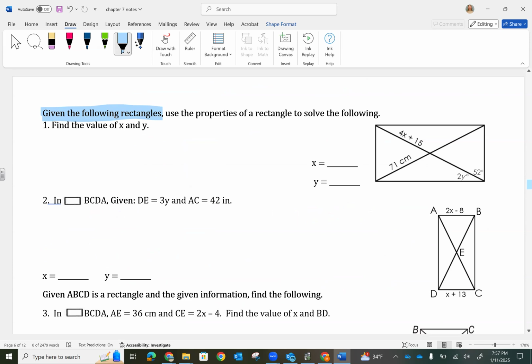To find x, notice the diagonals are congruent, so the entire length of each diagonal is equal, but also the diagonals chop each other in half. So this part matches this part, but because the diagonals are congruent, all 4 of these halves will be congruent to each other.